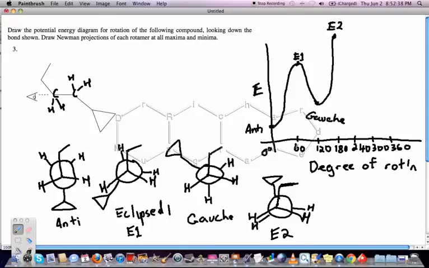Now as we continue around, we're going to get the gauche again. That'll be at 240. And then we'll get the eclipsed 1 again, and then we'll move back to anti. Well, that'll be the full circle.